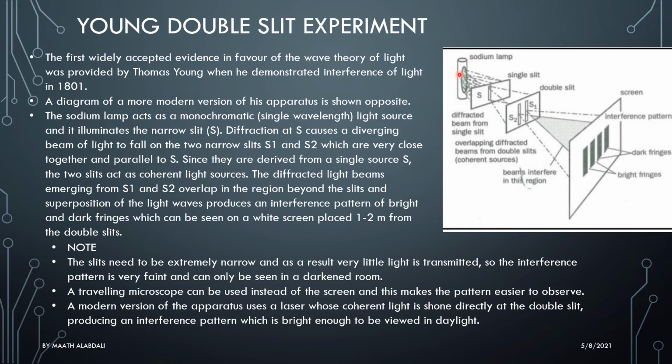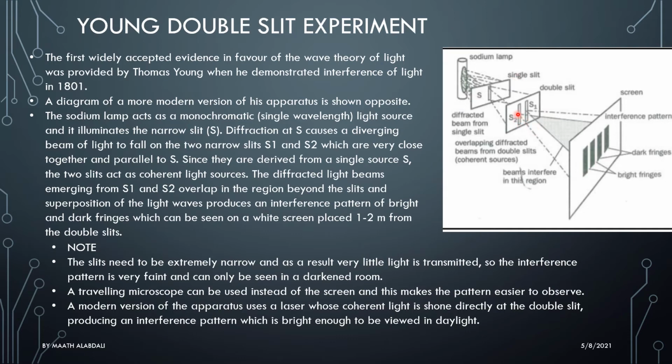It acts as a monochromatic, single-wavelength light source, and it illuminates the narrow slit S. Diffraction at S causes a diverging beam of light waves to fall on two narrow slits, S1 and S2, which are very close together and parallel to S.